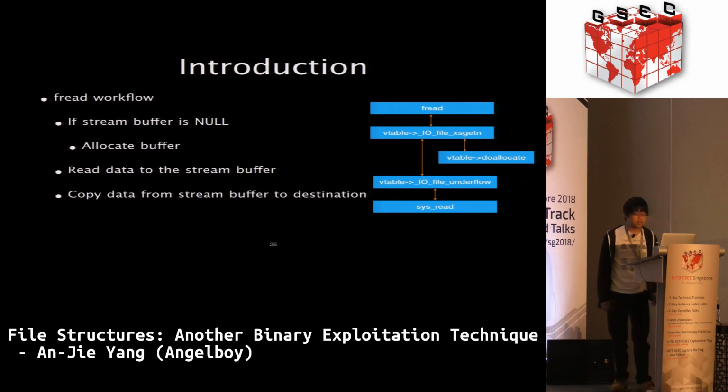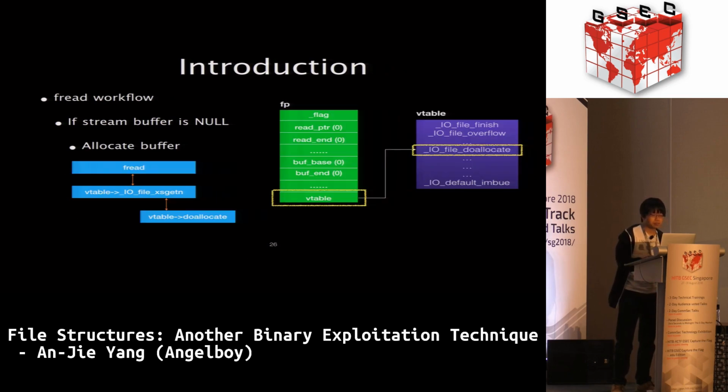Next one is fread. From here on, it will start using virtual functions for file operations. At the beginning of fread, if the stream buffer is not created, we call it null, it will use the function file_doallocate to allocate a new buffer for the file stream.